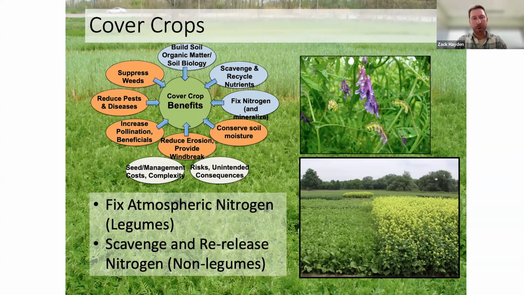And from both an environmental standpoint and a nutrient availability standpoint, many cover crops can scavenge and re-release nitrogen to following crops, especially those like brassicas that have high quality residues.